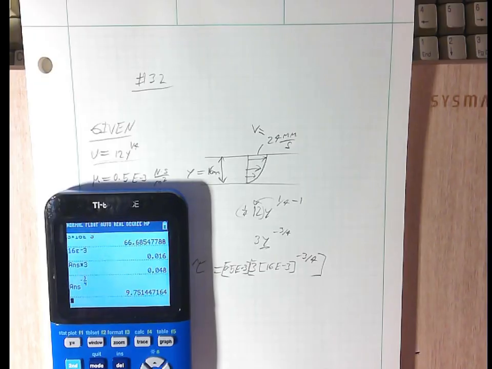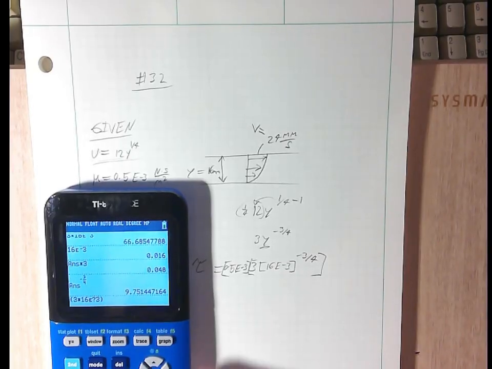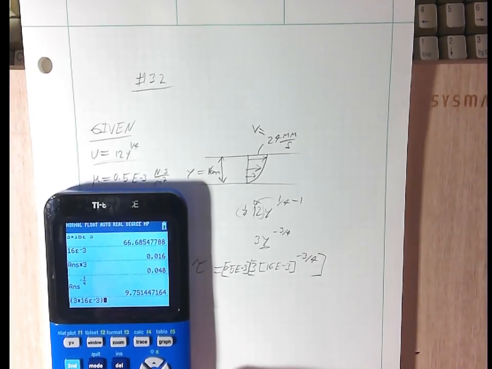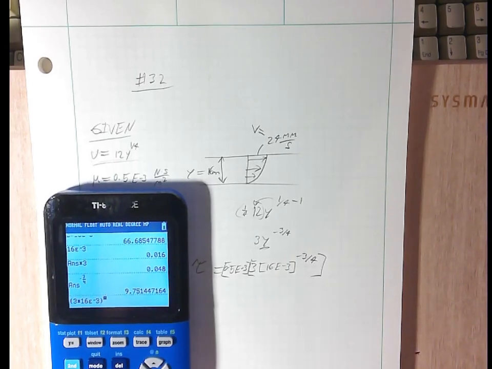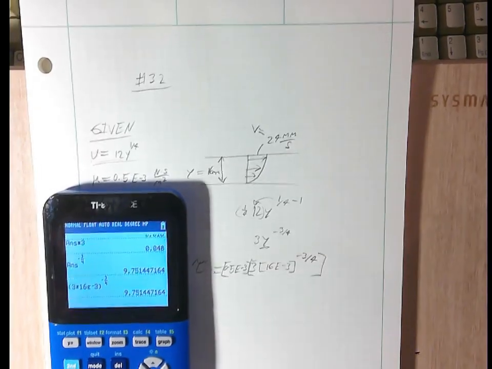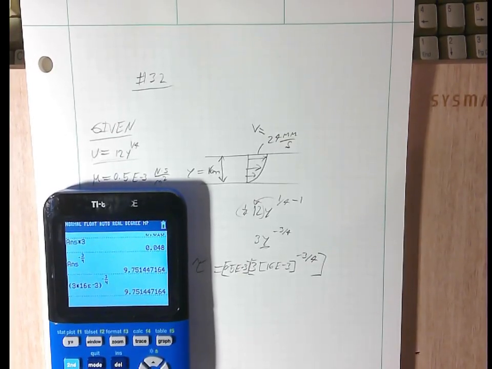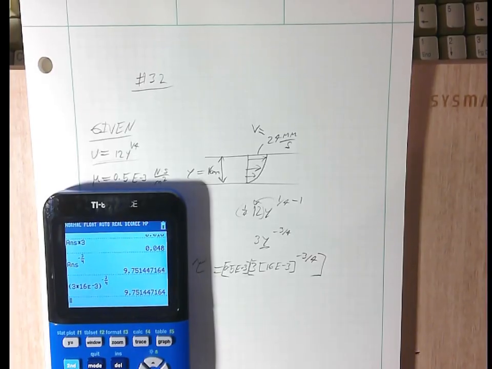Is it gonna be the whole thing? Maybe 3 times 16 e to the negative third to the negative 3/4. Nope. I knew this one was a good one. I don't get where I'm messing up here.